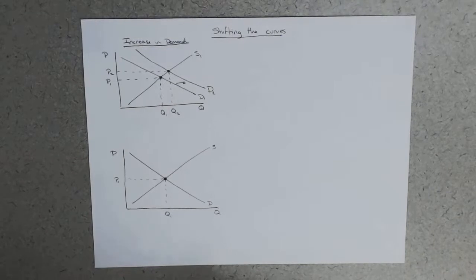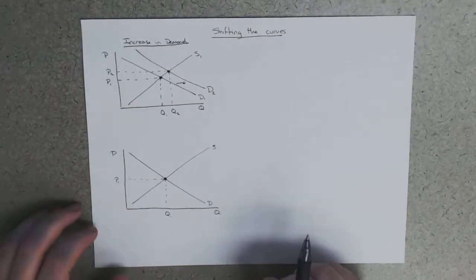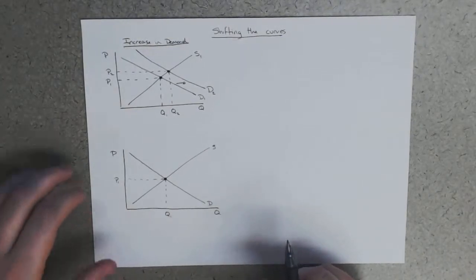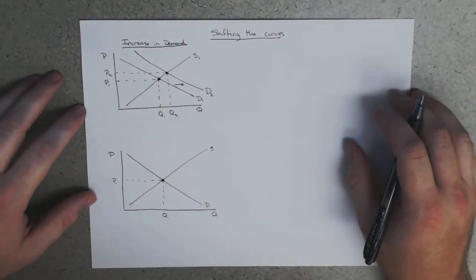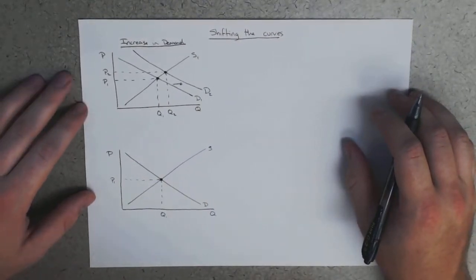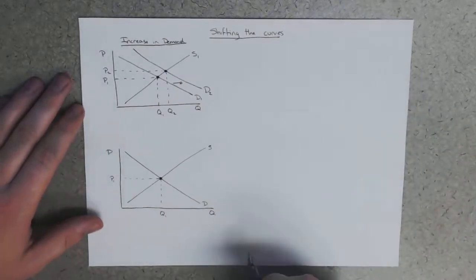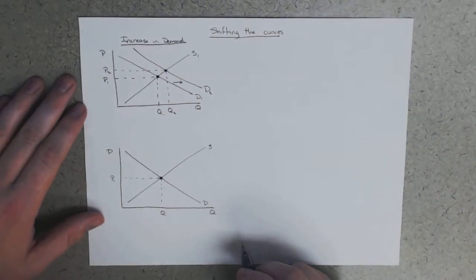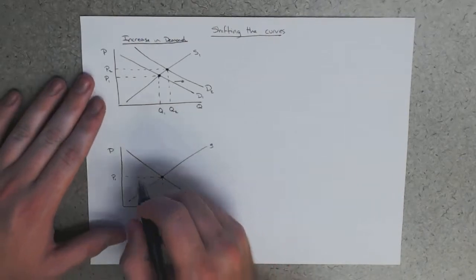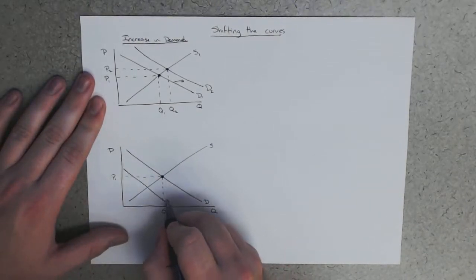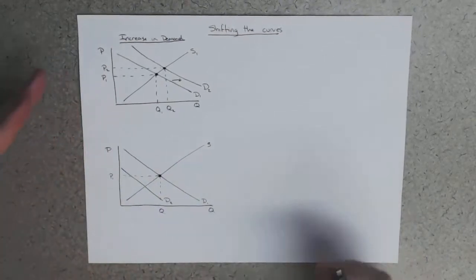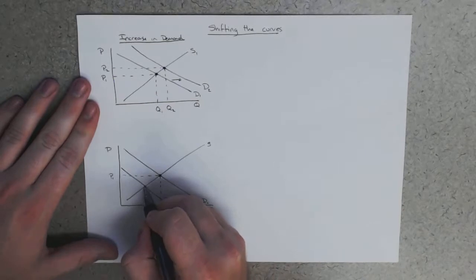Okay, so if the price of hot dog buns rises, what's going to happen? Right, well, first, what is that? Right, that's going to be an increase in the price of a complement. So now a complementary good is more expensive, and so as a result, we're going to buy fewer hot dogs. We're going to want to buy fewer hot dogs at all prices because we're going to use fewer hot dogs.